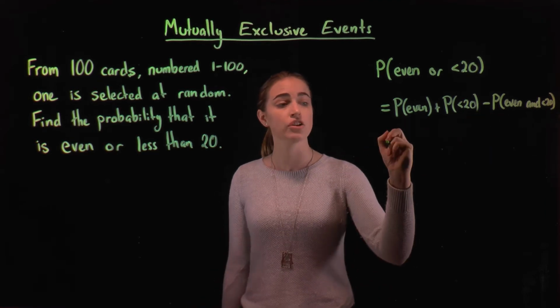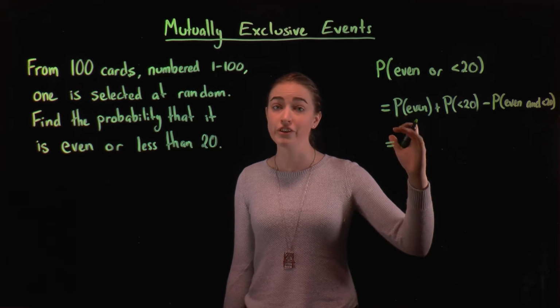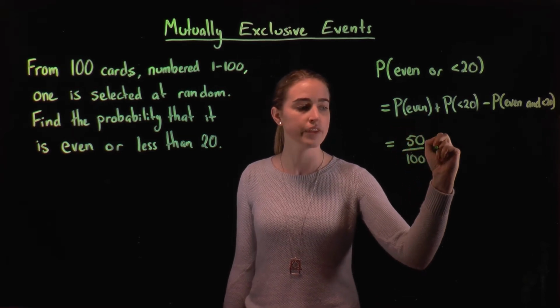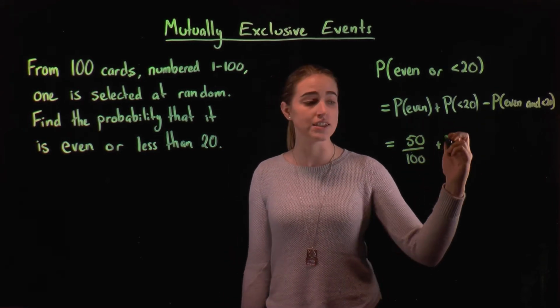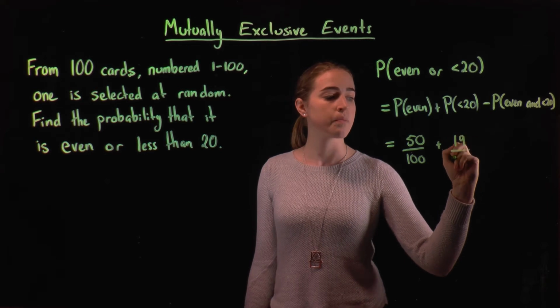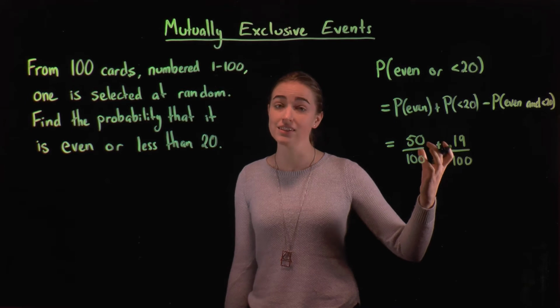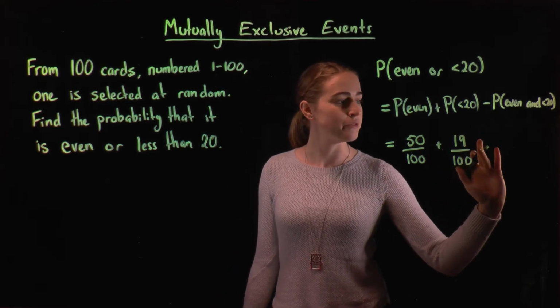We can find each of those things. If we've got 100 cards, there are 50 of them that are even, so we have 50 over 100, plus the probability that it's less than 20. Well, there are 19 of those. Of those 19 cards that are less than 20, we're not going to add, sorry, we're going to subtract.